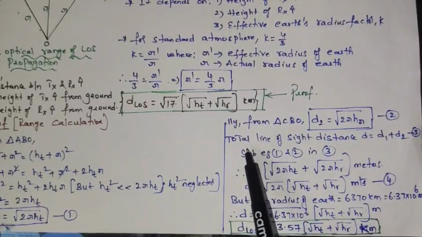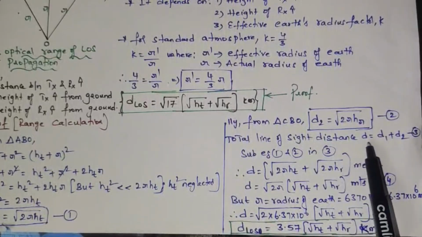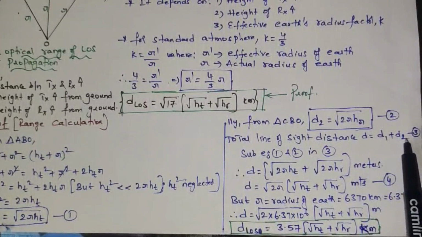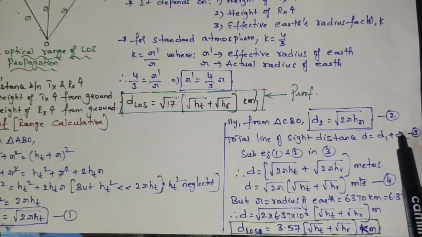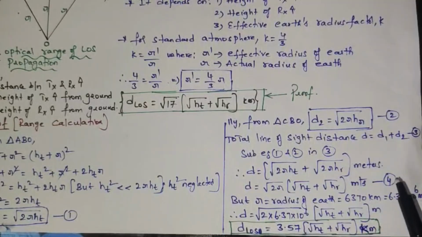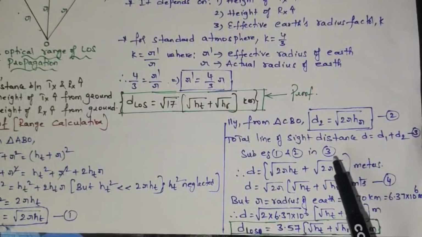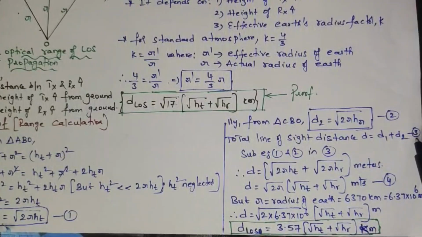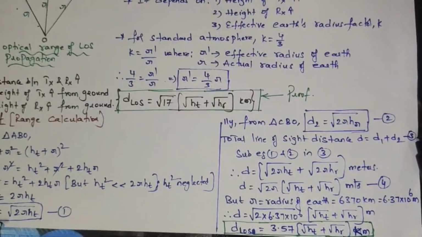Now the total line of sight distance d is equal to d1 plus d2. In order to find the total distance, we add equations 1 and 2. So d is equal to d1 plus d2. Let it be equation 3.